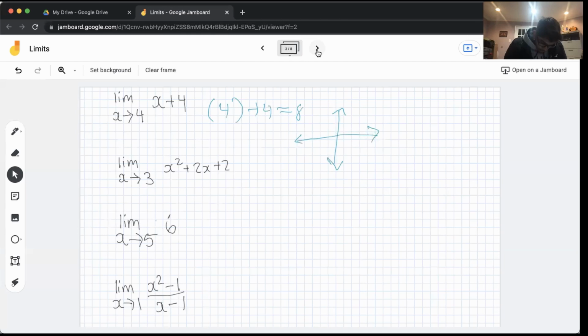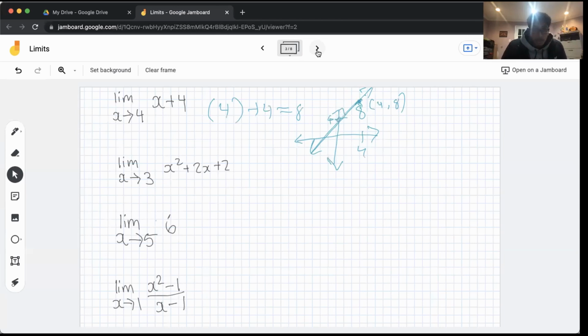It'll look something like this. Let's say 4 is about here. This point is going to be (4, 8). So as x approaches 4, this value is going to be 8. And that's the limit.